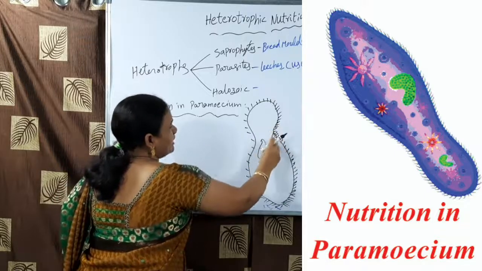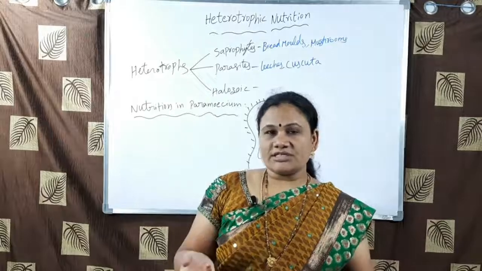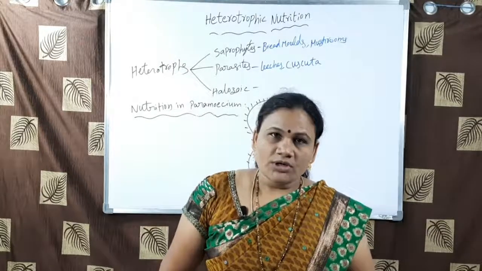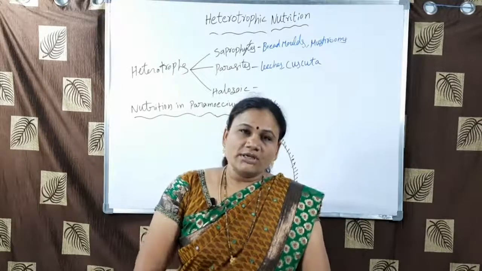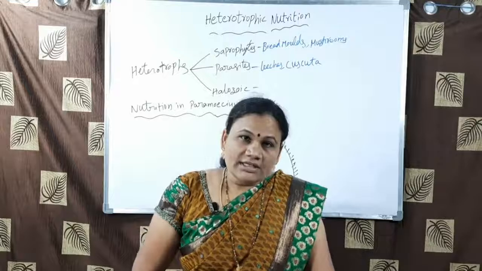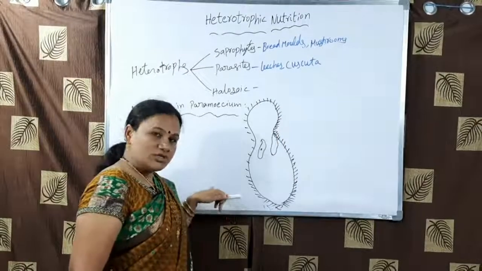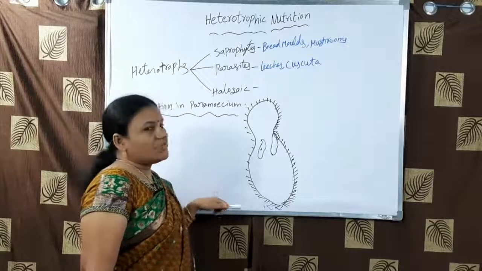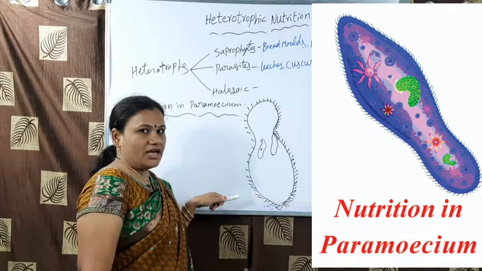The food particle enters into this specific spot. Inside that part, some chemicals are released. These chemicals help to break down the complex food molecules into simpler ones, and later on the food is ingested into the cytosome. That's it. This is also a single cellular organism, but it has a particular body shape and more structures than amoeba.